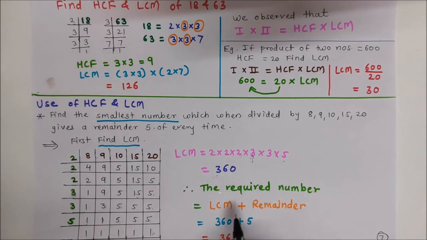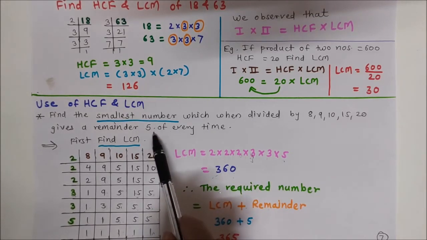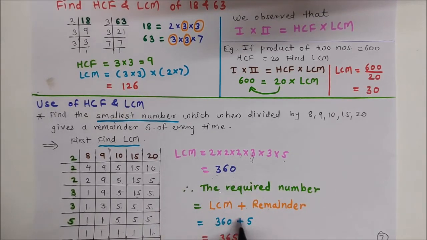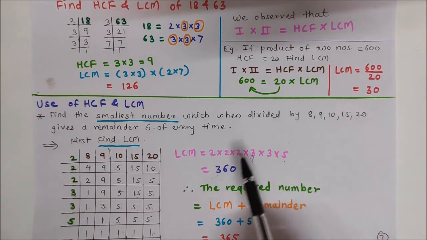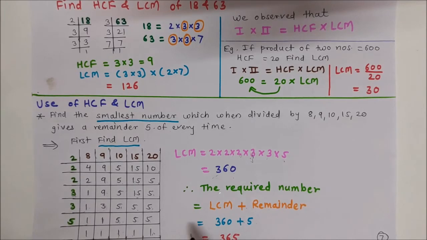The required number is LCM plus remainder. The remainder is given as 5, so 360 plus 5 is equal to 365. 365 is the smallest number which when divided by 8, 9, 10, 15 and 20 gives remainder 5.